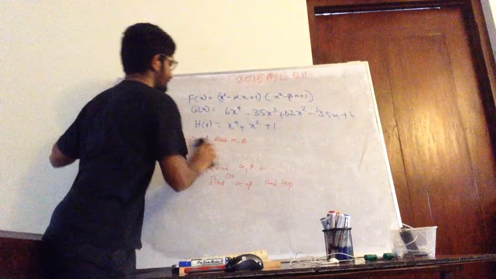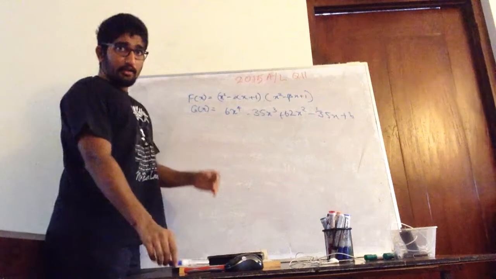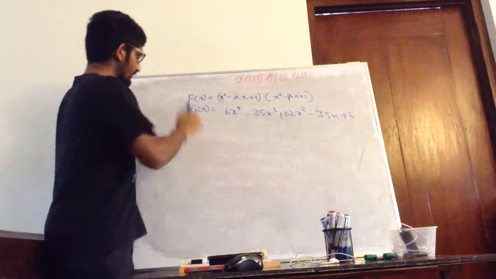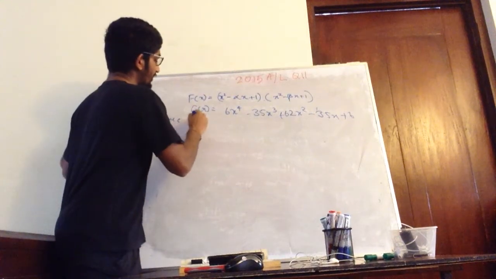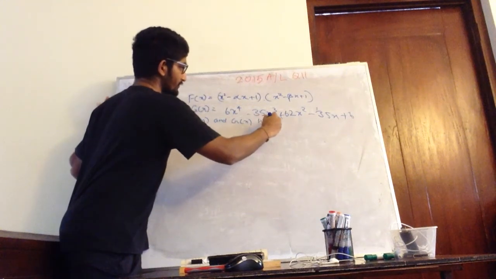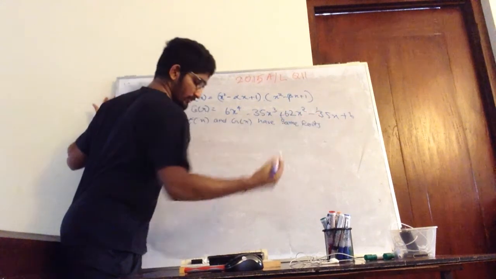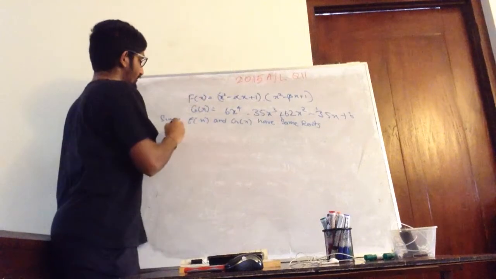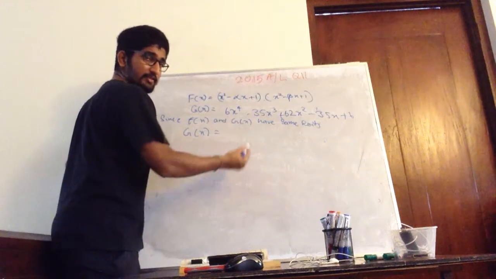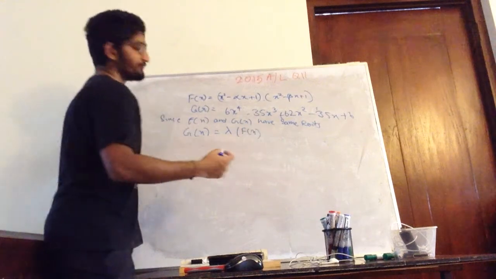As I said before, since f(x) and g(x) have the same roots, g(x) can be written in terms of a constant times f(x).